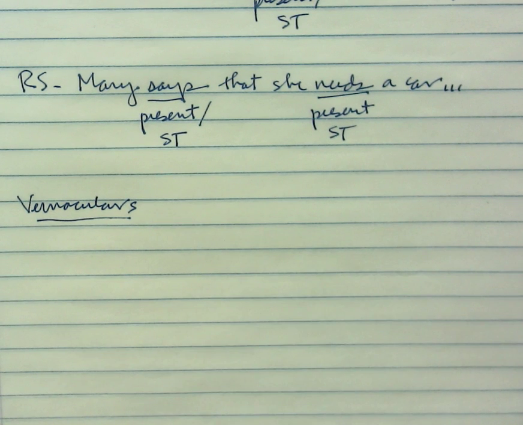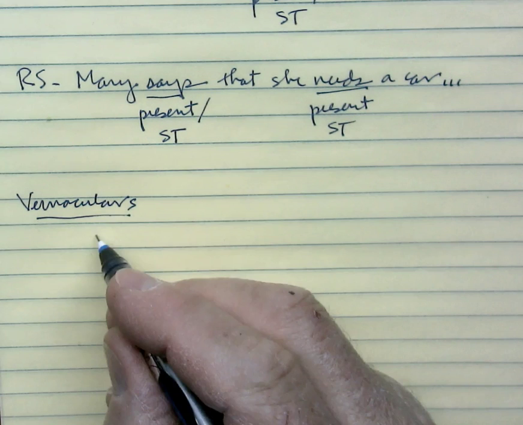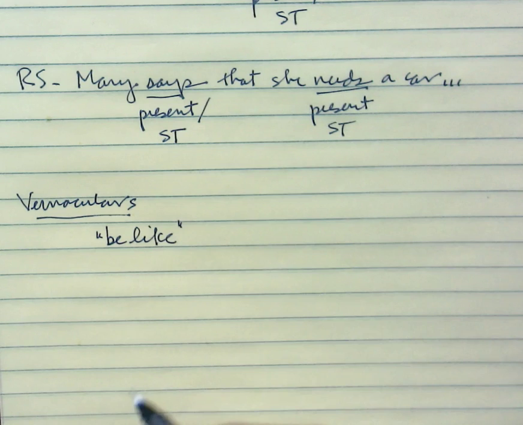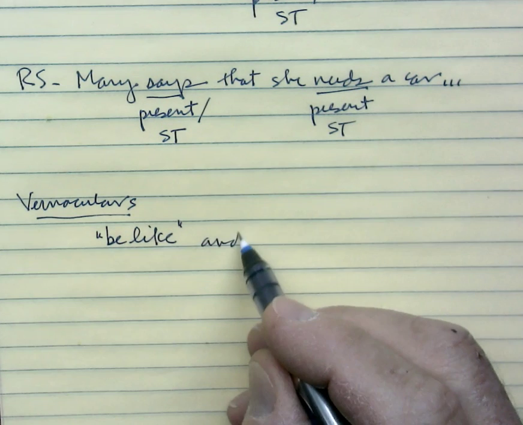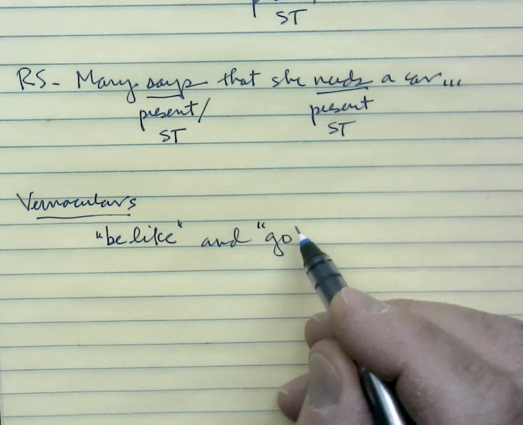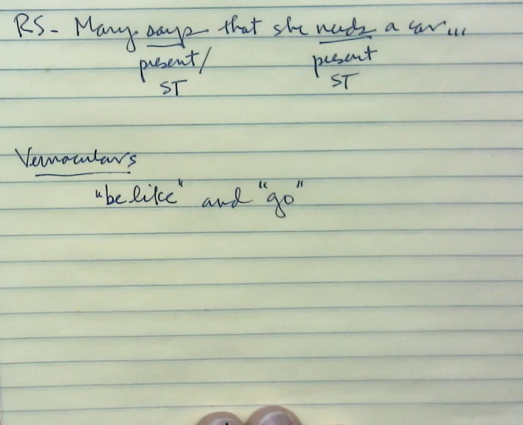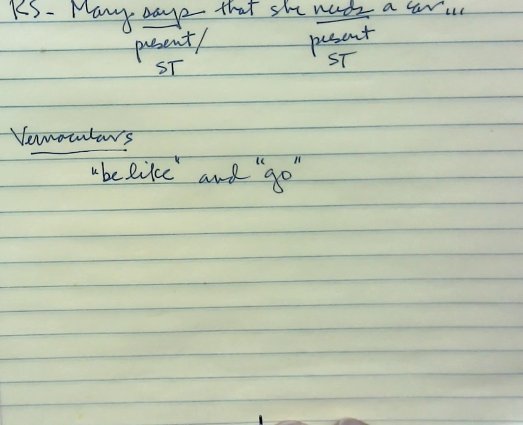So they actually are quoting what people say, but they don't use quotation marks and they don't say something like, Mary said, quote, I'm hungry, end quote. Instead, they use the expressions be like and go. And be like and go are used to introduce the quotes.